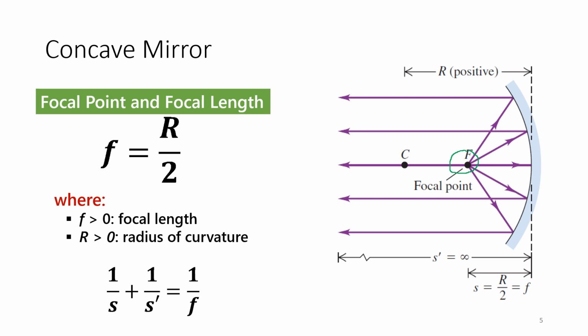We'll see later that image distances are dictated by this focal length. The relationship between distances s and s prime is connected to the focal length of the concave mirror, and this relationship with object distance is given by the equation 1 over s plus 1 over s prime is equal to 1 over f.